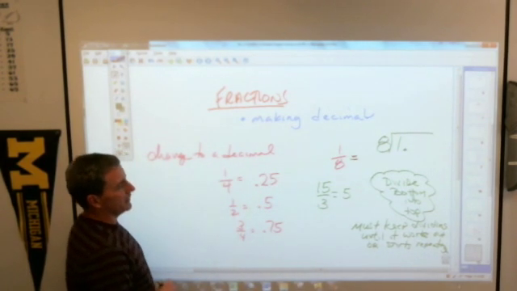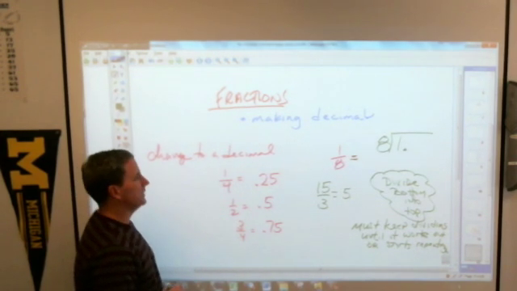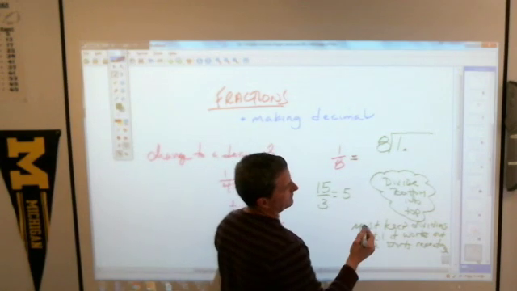You must keep dividing until it works out. There never will be remainders. When you change 1/8 to a decimal, you're not going to get 0.62 remainder 3. That ain't going to happen.